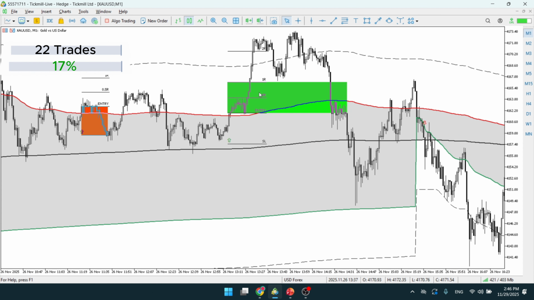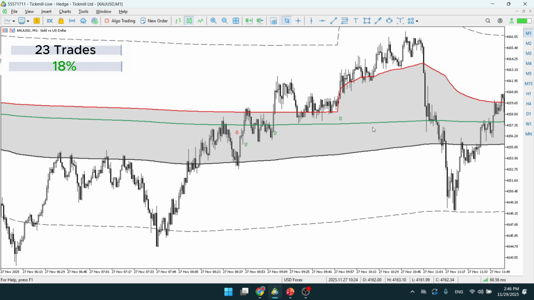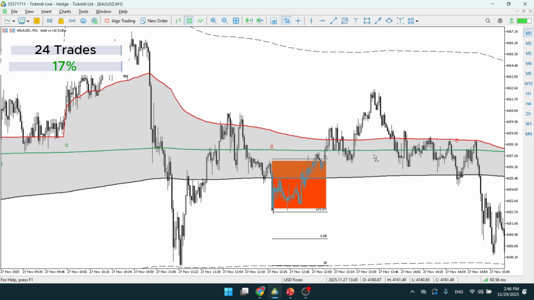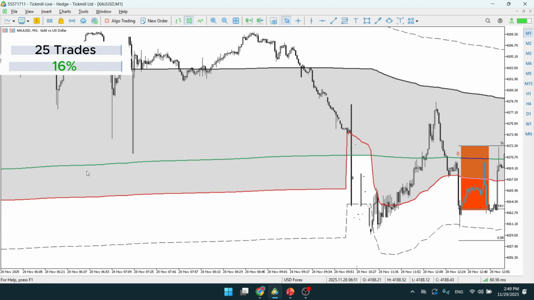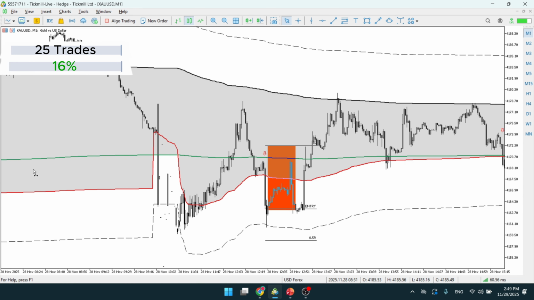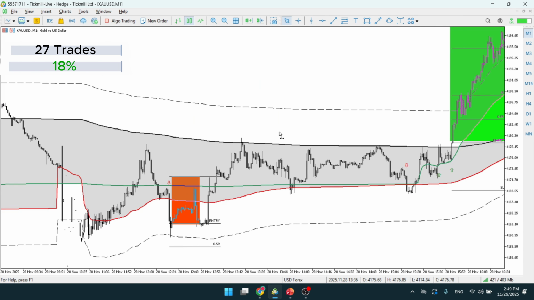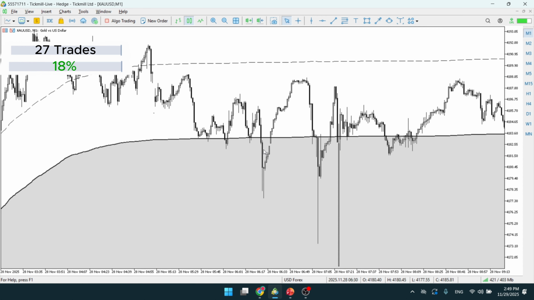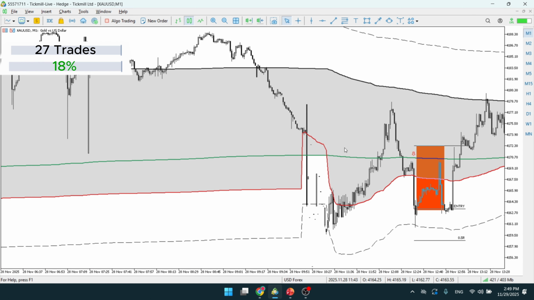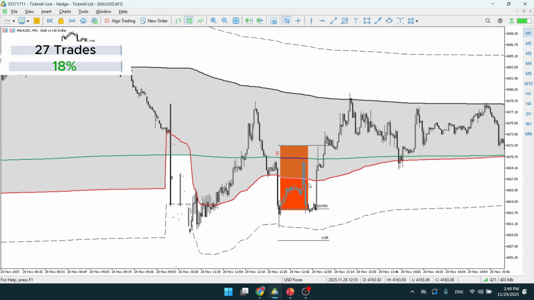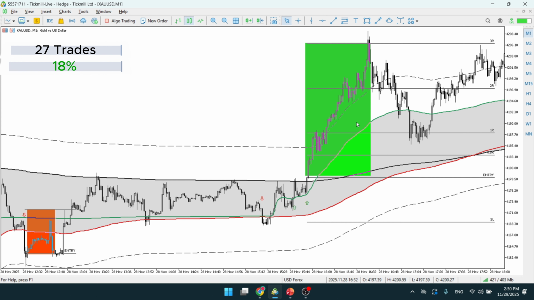So we touched 2R, but it's a 1R. And here, we're at the last day of the month where we had a loss during the London session, and we have a 3R in the New York session.